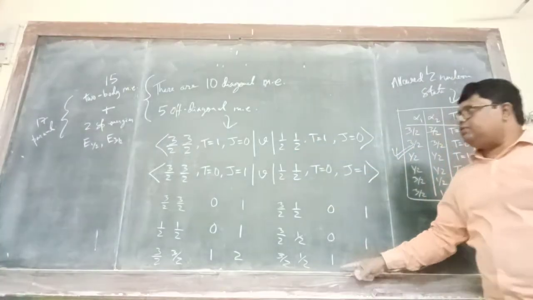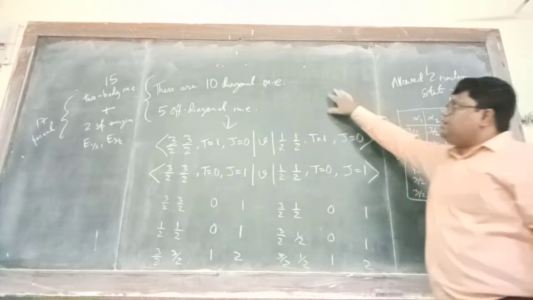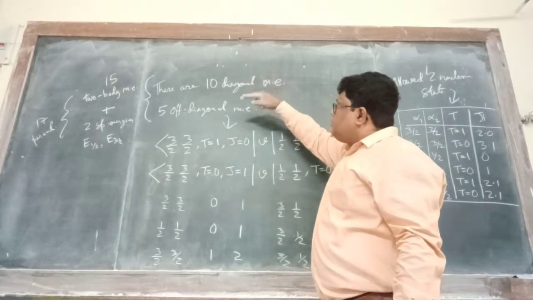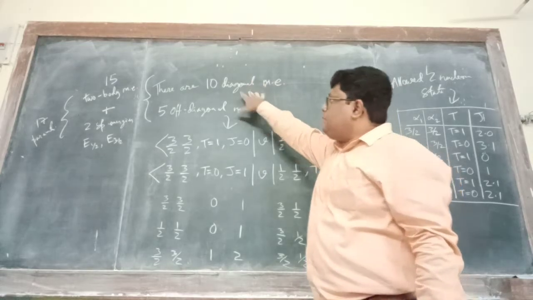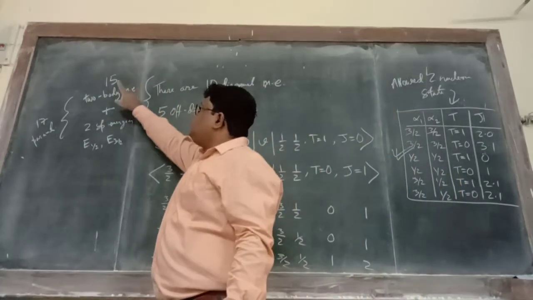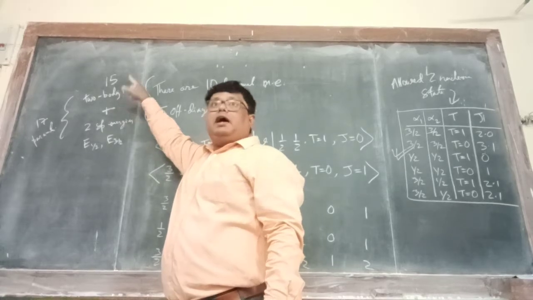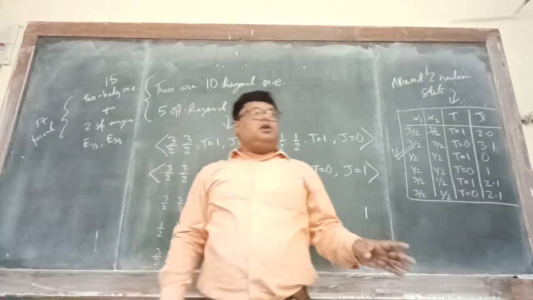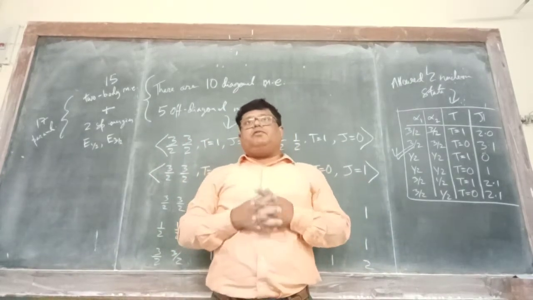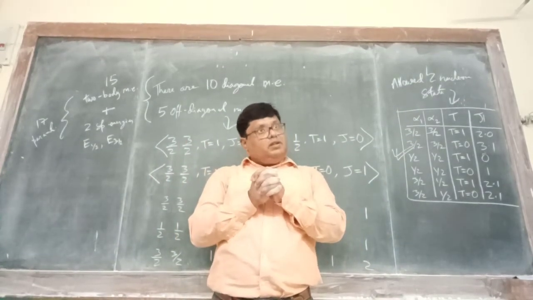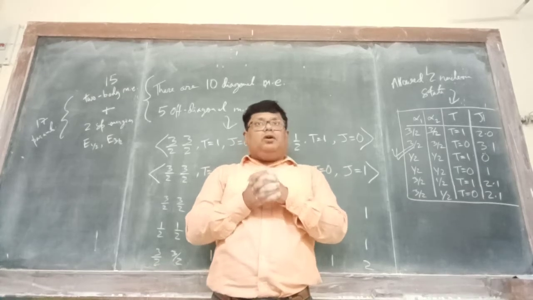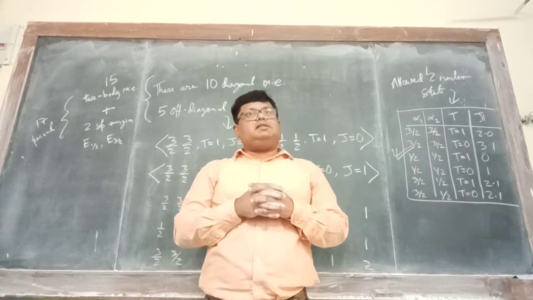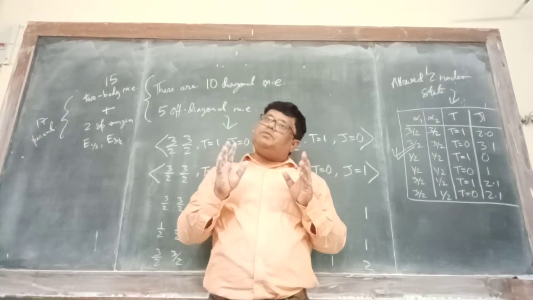Similarly I have written it over here. So in all, how many parameters are there? 10 diagonal plus 5 off diagonal, total 15 two body matrix elements, along with 2 single particle energies that we previously discussed. So total how many parameters for this 0p shell model? 17 parameters. Once all these 17 parameters are determined, then we can say that this 0p shell model problem has been solved.